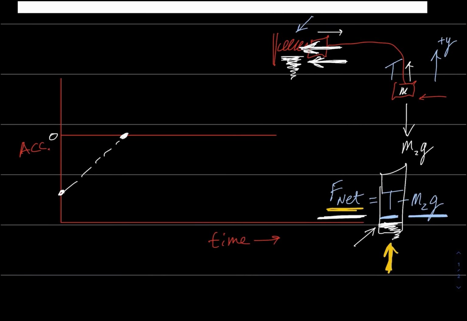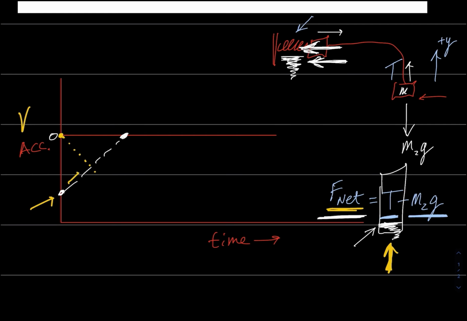So if we put the velocity on our chart, the velocity is going to start out from 0 when we let go of the mass. But with a downward acceleration, the mass is going to pick up a velocity in the downward direction, just as we expect it to do. But as it drops, the acceleration gets less and less.